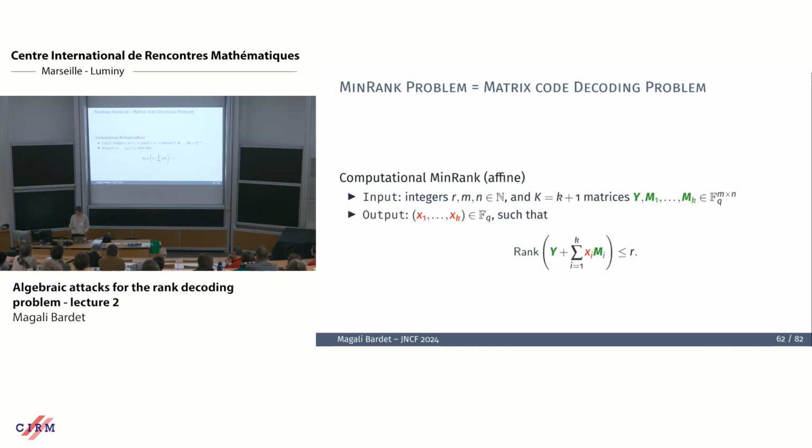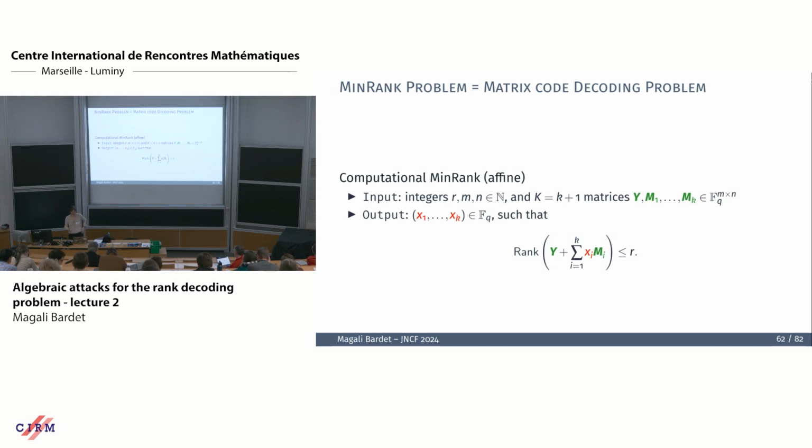In this case, your generator matrix is a set of k matrices, and you are given another matrix corresponding to the vector you received, and you want to find an element in the code that is at rank at most r from the vector you have.